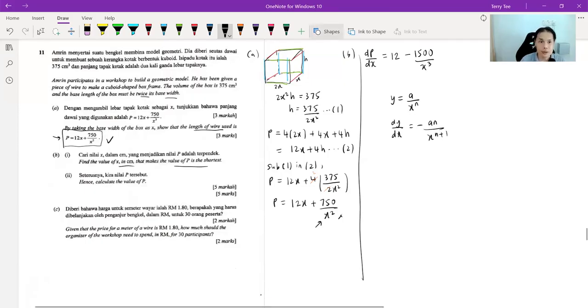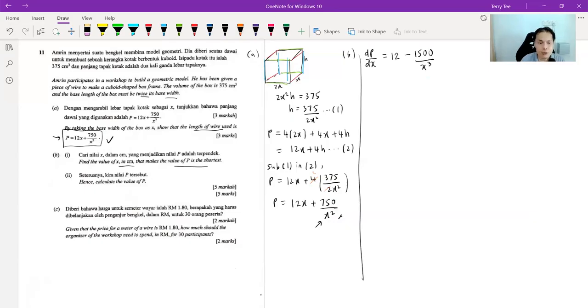I take 750 times 2, 1,500. I copy my x. This is power 2, increased by 1 becomes power 3. So in a way, it's faster, so you don't have to bring it up, differentiate, bring it back down. Okay, coming back to this part here.